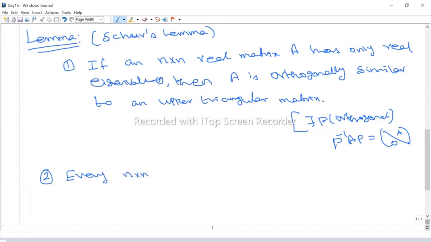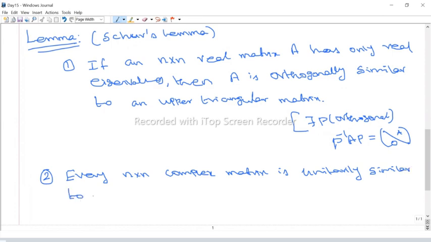Every n by n complex matrix, with entries from complex numbers, is not only similar, it should be unitarily similar. Complex means unitary, real means orthogonal. So unitarily similar to an upper triangular matrix.